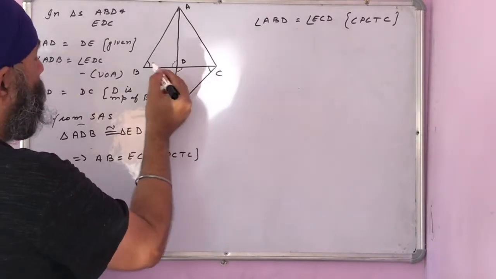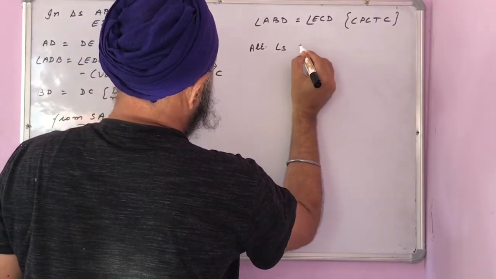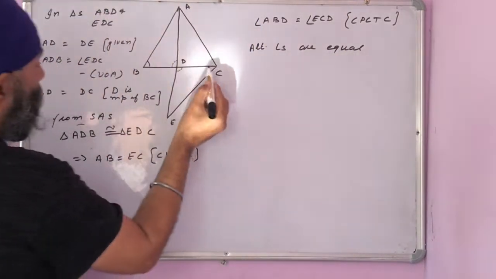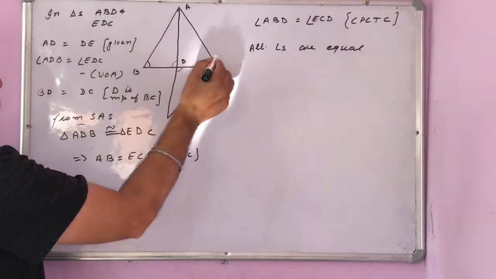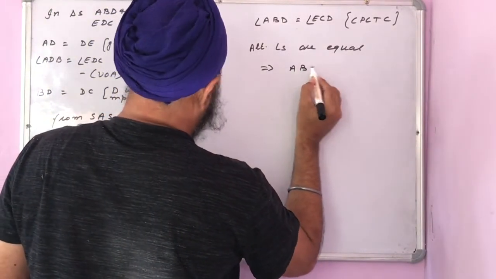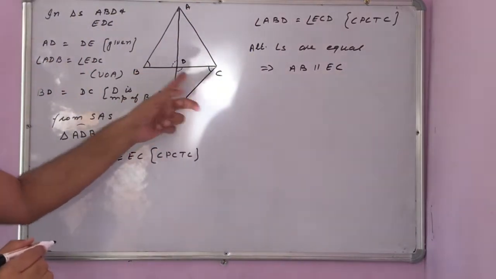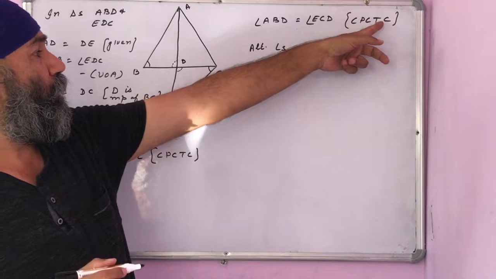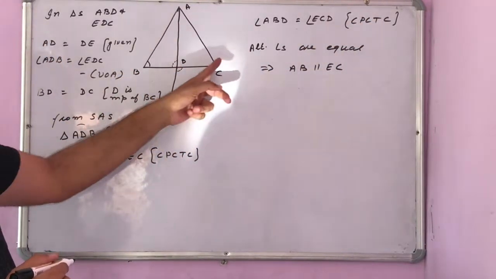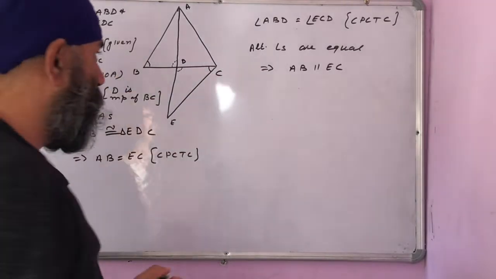So alternate angles are equal. If alternate angles are equal, lines are parallel. It implies that AB is parallel to EC. First I prove these two angles equal from CPCTC. Then these alternate angles are equal. If alternate angles are equal, then lines are parallel. That is proved.